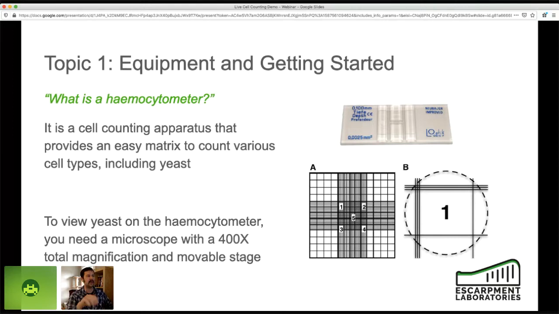The upper one is just what the counting device looks like, and in figure A, what you see there is the counting region, broken into 5 big areas, and then there's that small center area. In that small center area, we want to be counting 5 quadrants, which is the upper left, upper right, bottom left, bottom right, and then the center.